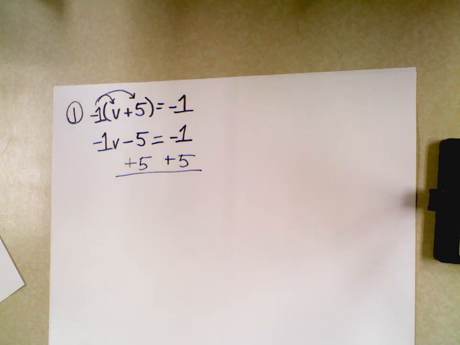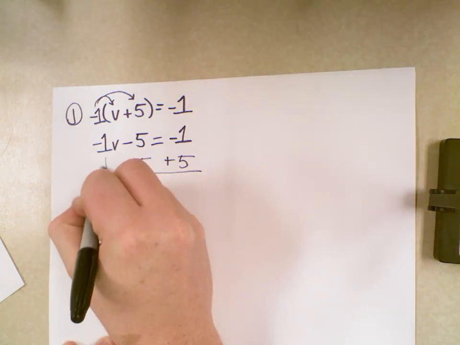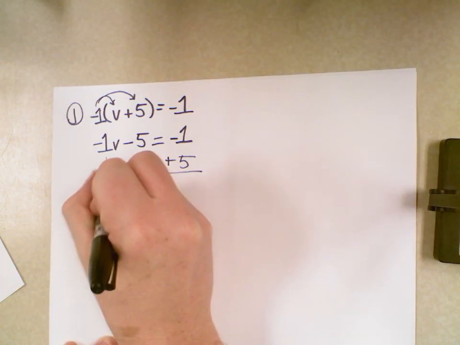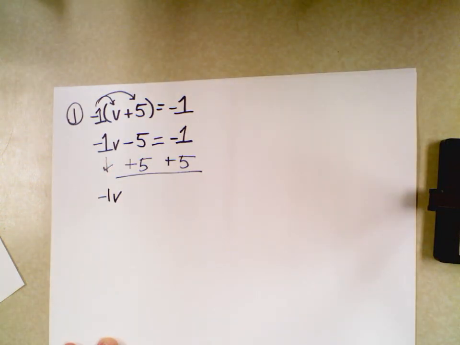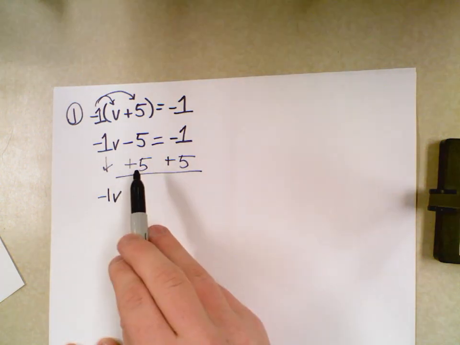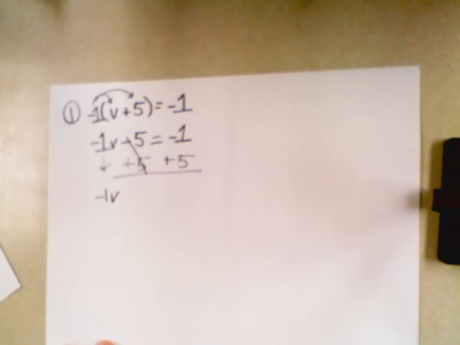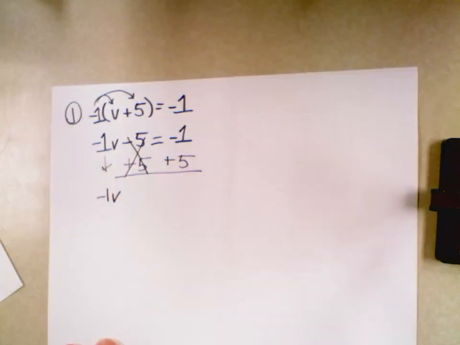Now, I still have this -1v over here, we could bring that down, -1v. Now, I have -5 plus 5. That is 0. So we could actually cross those out and not worry about them.